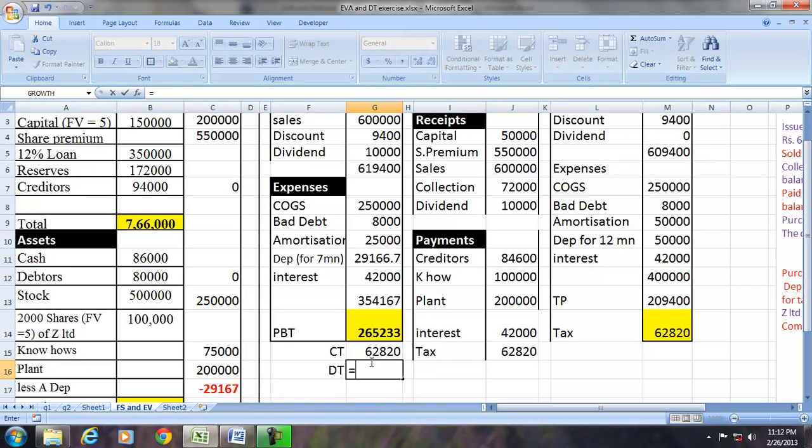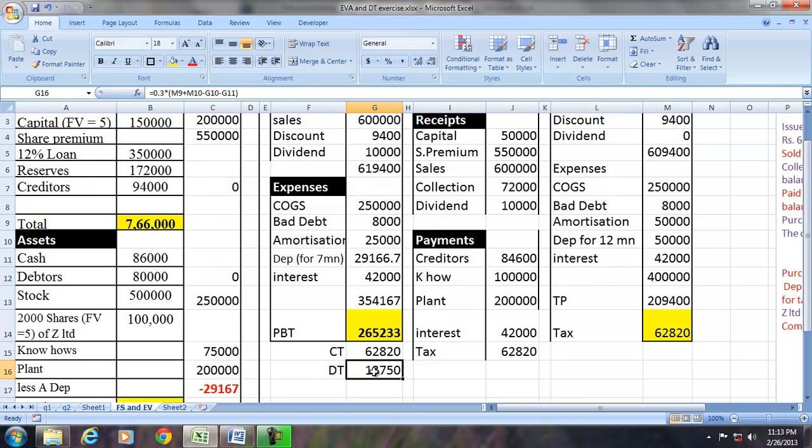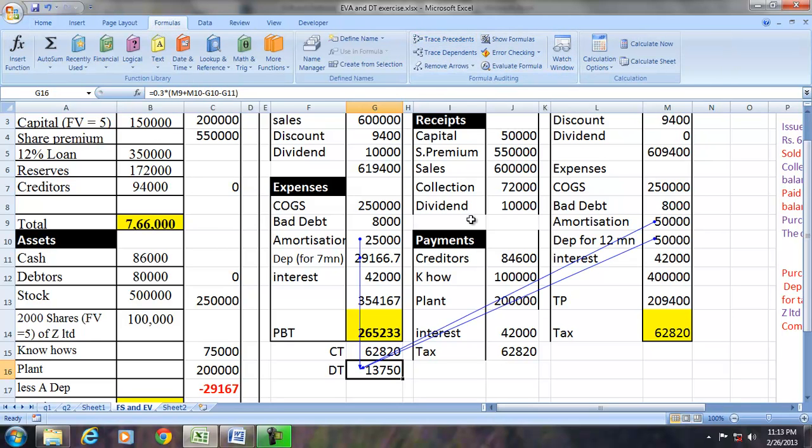And the deferred tax is the tax on the timing difference. The timing difference in this case is amortization plus depreciation for taxation minus the amortization and depreciation for accounting. So the deferred tax is equal to the tax on the timing difference.